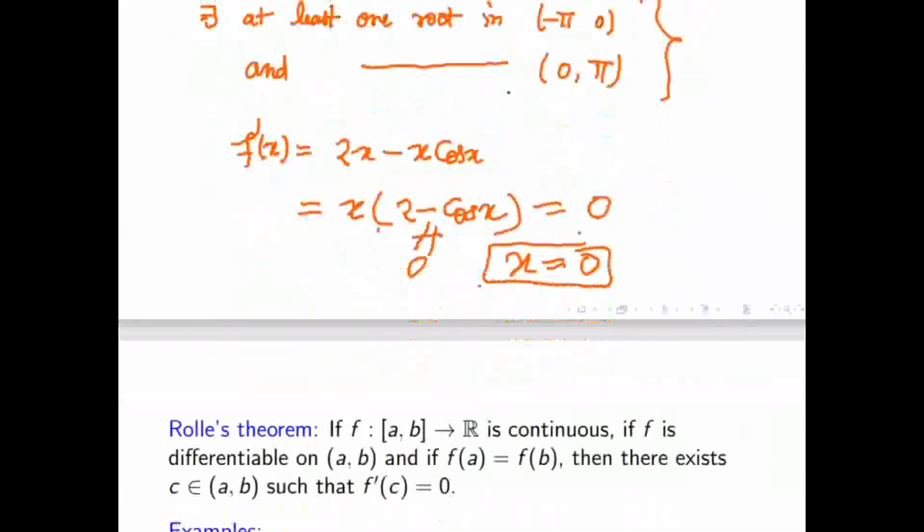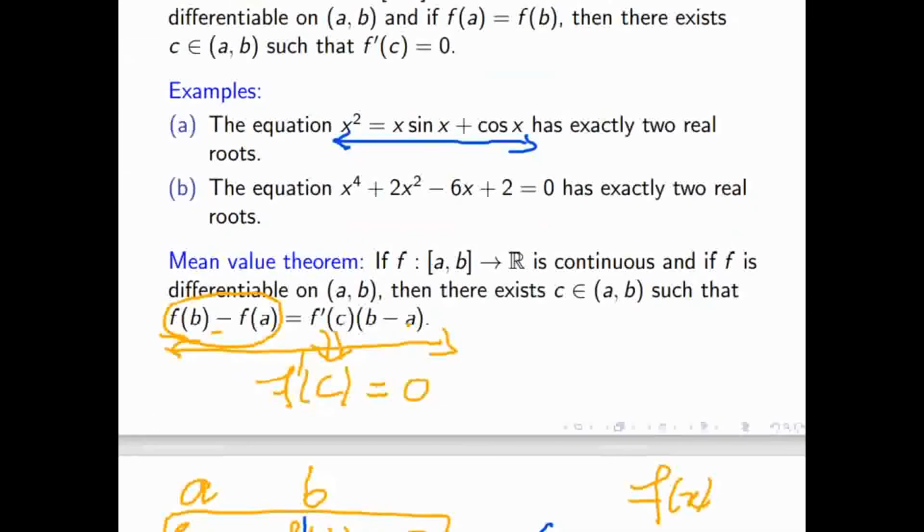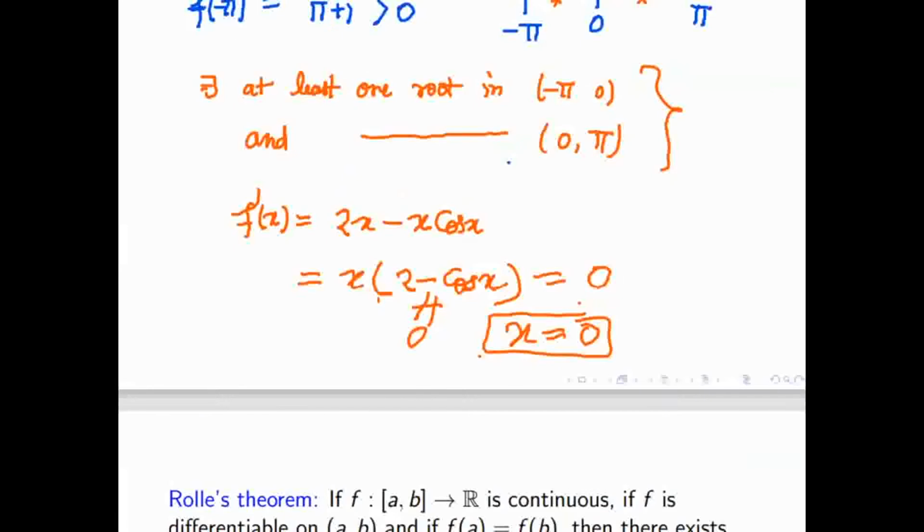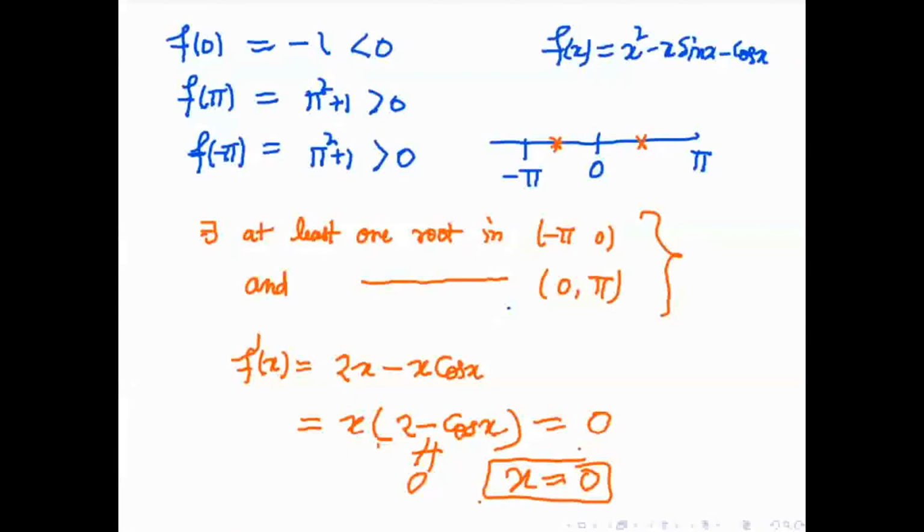So by the mean value theorem, we will again say that if a function has 2 roots, its derivative has one root in between. So if the derivative has only one root, that means the function has at most 2 roots, because between any 2 roots there exists one root of the derivative.